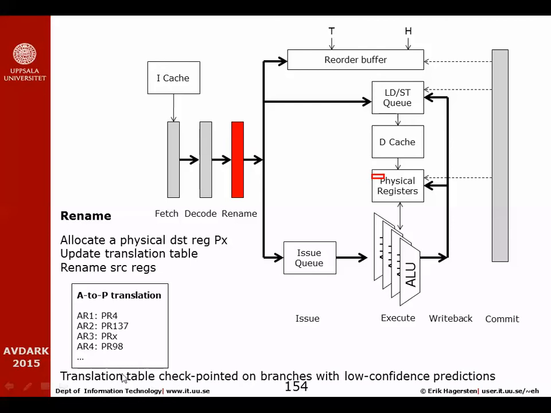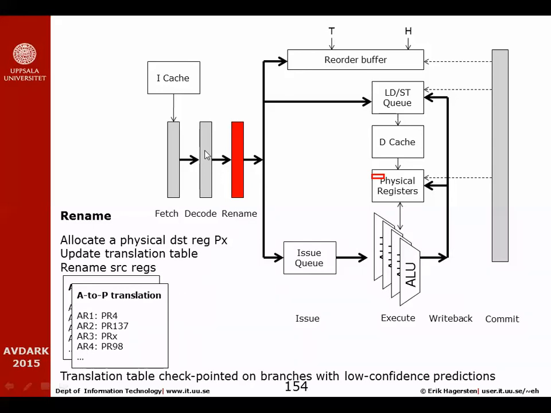So you also, at this point in time in the rename stage, may decide to take a checkpoint of this translation table. Especially if you execute a branch instruction that you know has a low confidence, so you know the branch prediction for this instruction has typically not been that successful in the past, then just to speed things up, you may take a snapshot of the entire translation table here. When it's not that many entries, if you have 16 architecture registers, there are just 16 entries in this table.